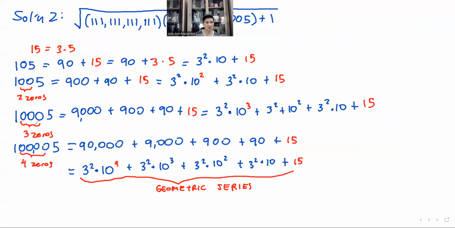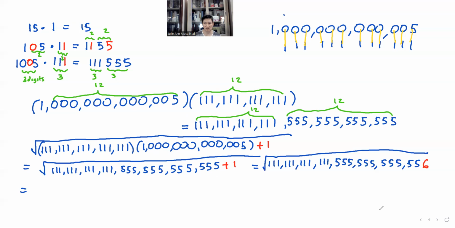So what we can do here is this will become like this: 3 squared times 10 to the 11, right? 11 zeros. 1, 2, 3, 4, 5, 6, 7, 8, 9, 10, 11.